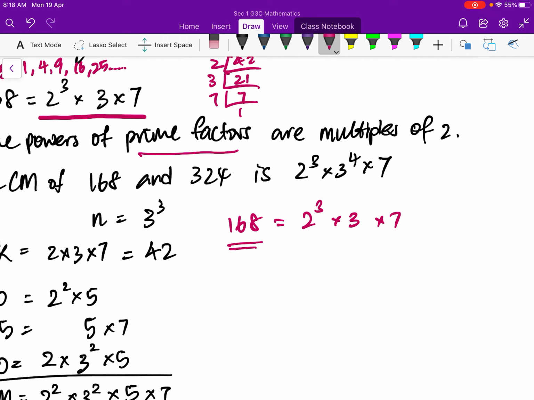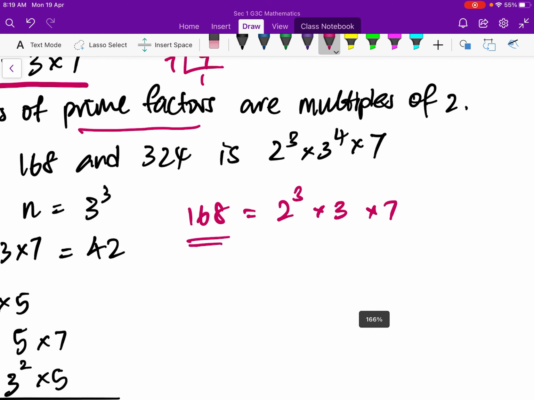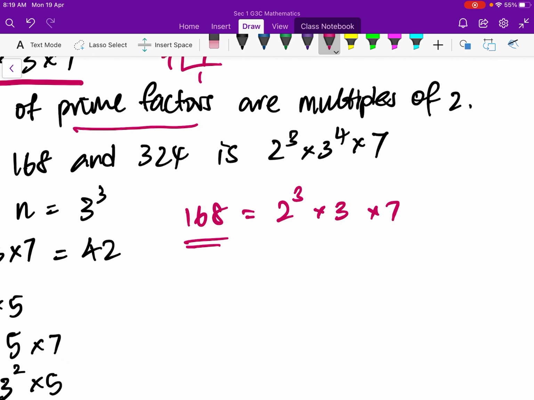Okay, Zhen Jie, is 168 a perfect square? No. Okay, explain why, using the explanation that we went through just now. The powers of what? Sorry? What did you say just now?